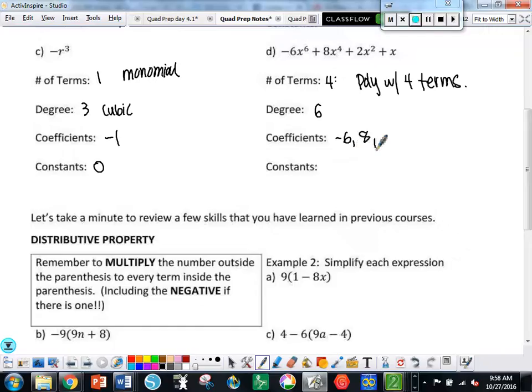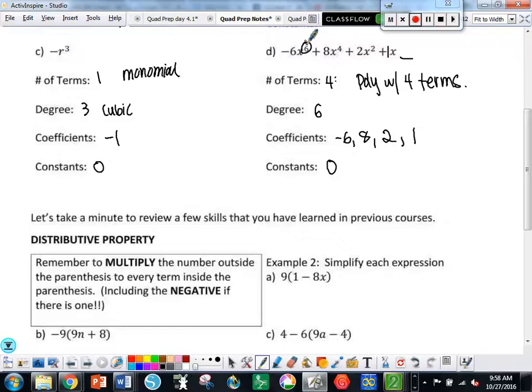Right, from that last one. So this coefficient is a 1, but there's nothing out here with no variable, so there is no constant. I think that's everything that's new. Everything else after this should be a review. Ooh, good question. It's always the biggest. Always the biggest. Anybody else?